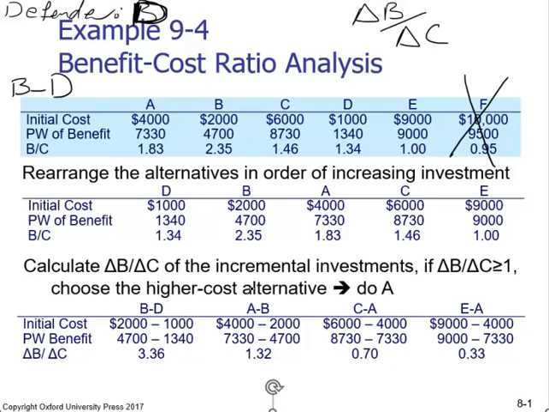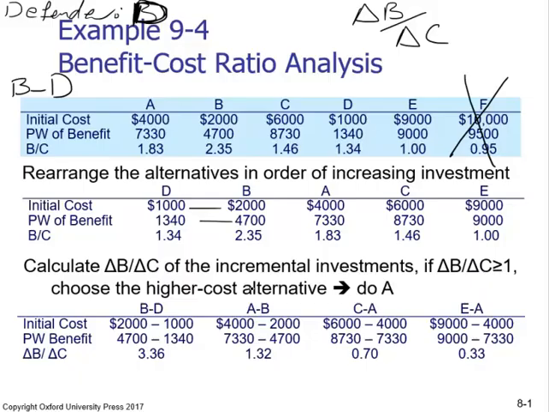And if delta B over delta C is not greater than 1, it means that we should stick to our defender. Okay, here we go for B minus D. B minus D would be 2,000 minus 1,000 for the initial cost and 4,700 minus 1,340.